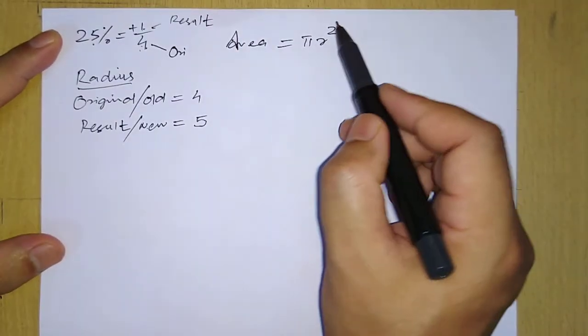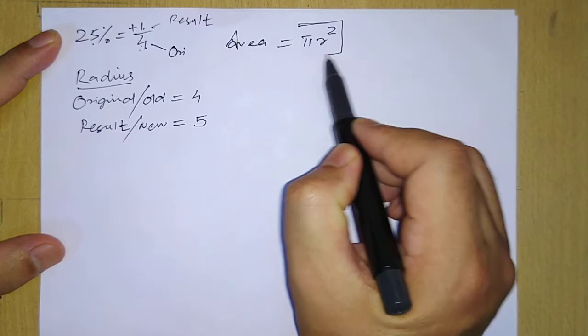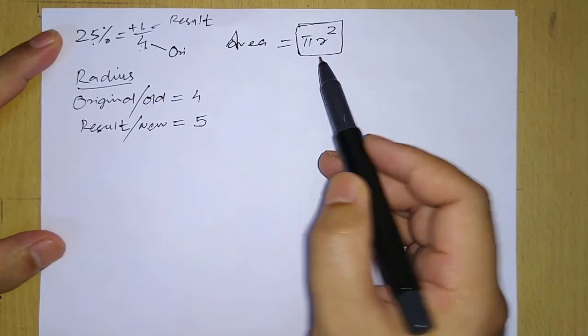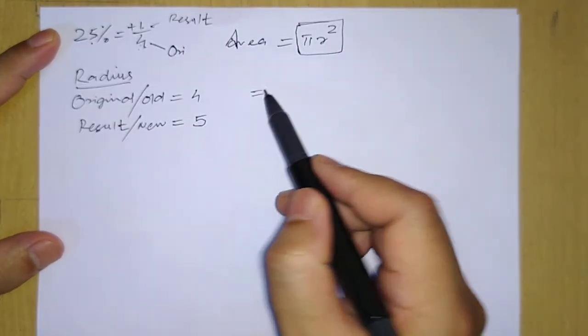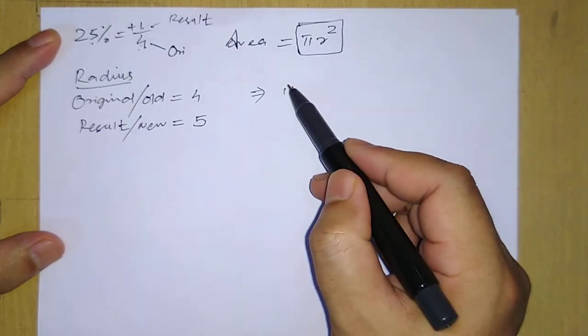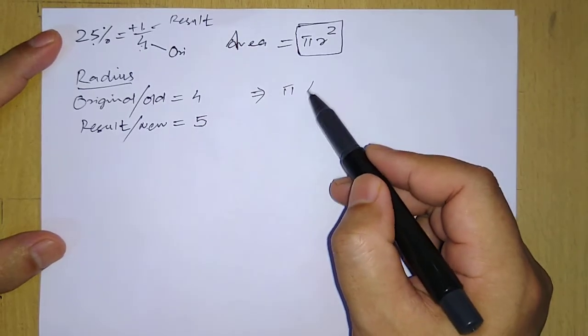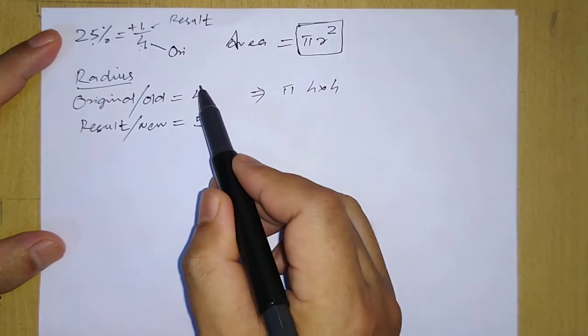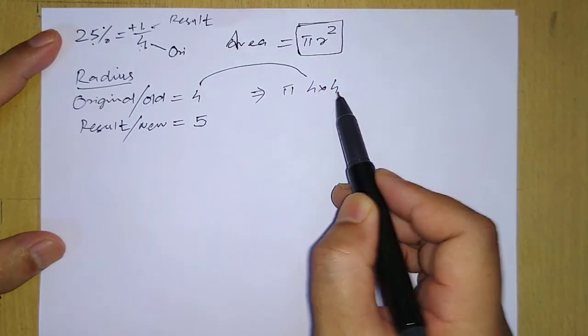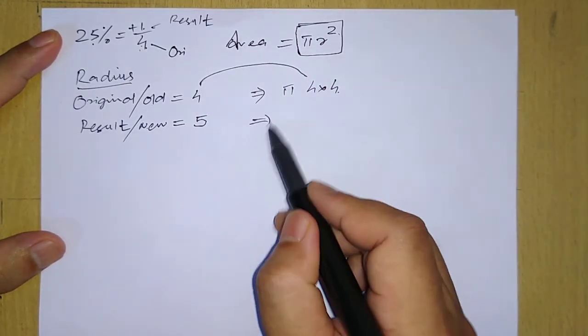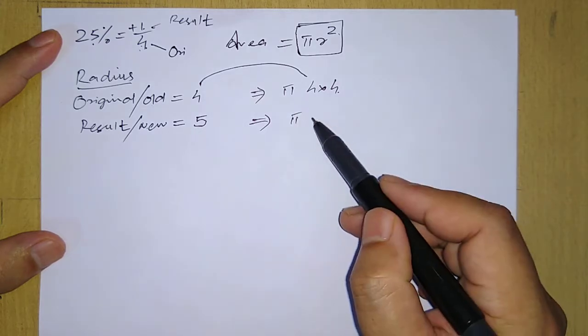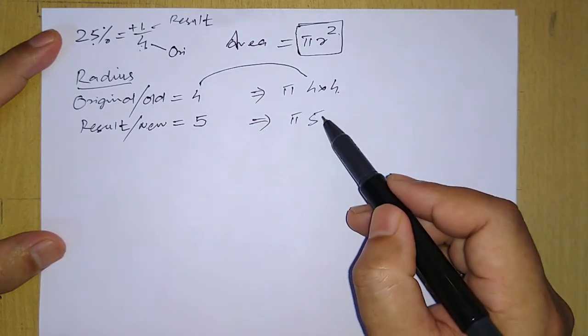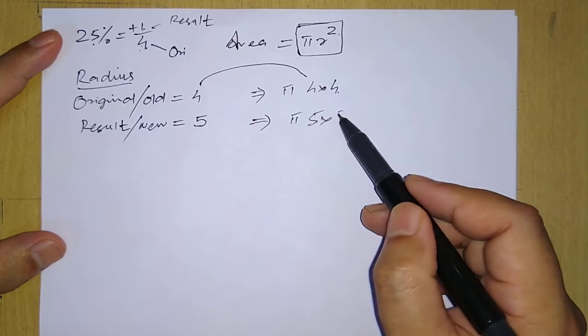Now in this question we need to find the percentage change in its area. So the old area is pi r square, which is 4 into 4, using the old radius, and the new area will be pi 5 square, 5 into 5.